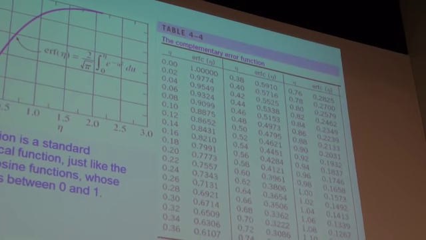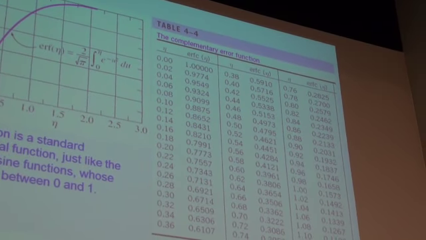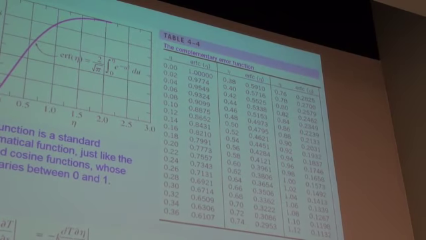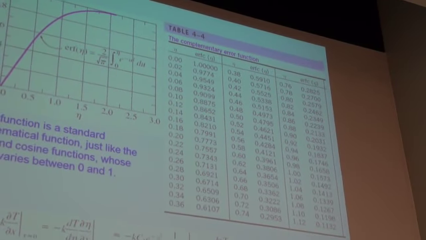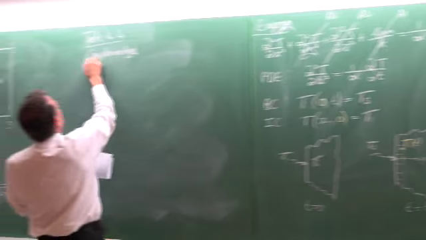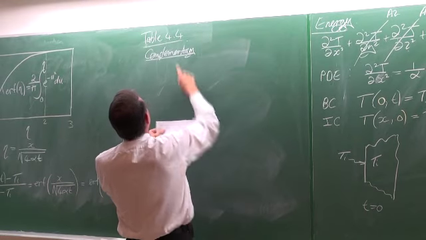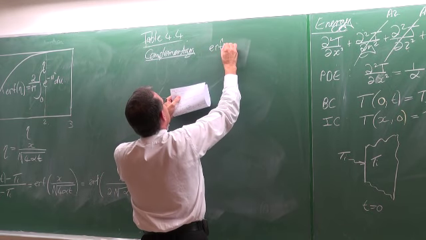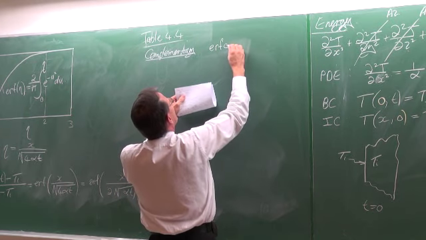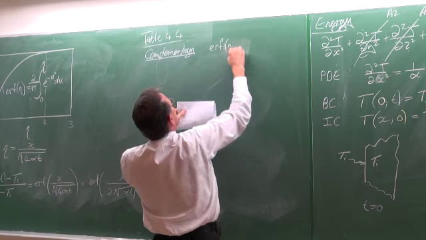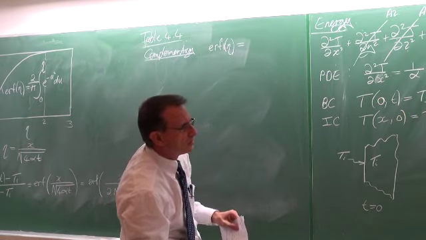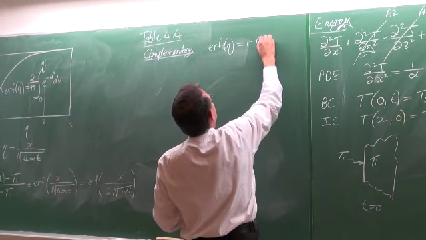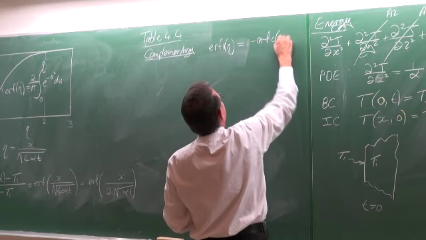The error function is equal to 1 minus the complementary error function. So, take note, it is the complementary error function which is given in table 4.4, which means the error function is equal to 1 minus the complementary error function.